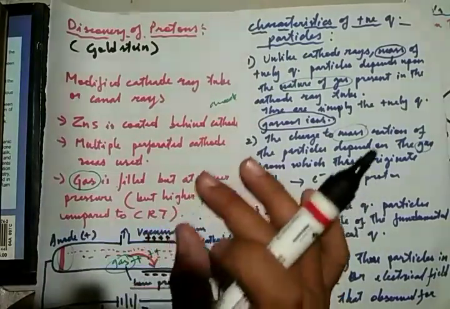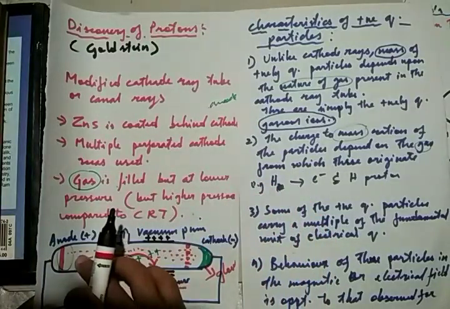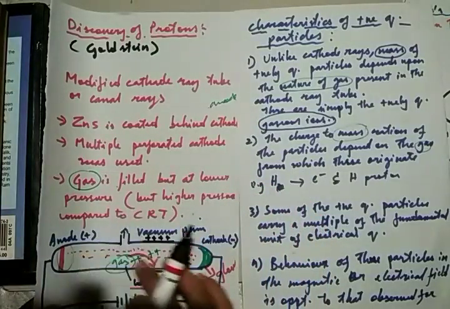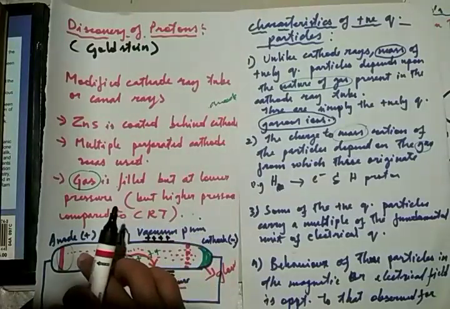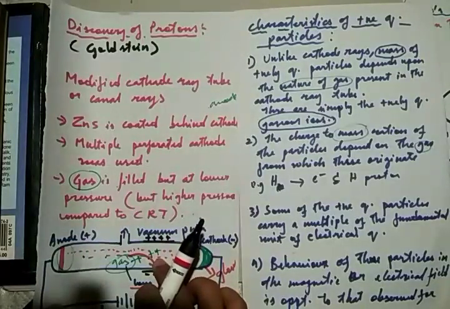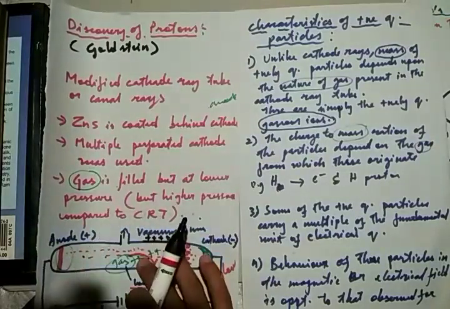However, in the discovery of electrons, we have discussed that the property or behavior of the electrons is not changed by the presence of gas or electrode, or change of electrode or gas.